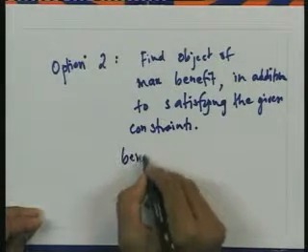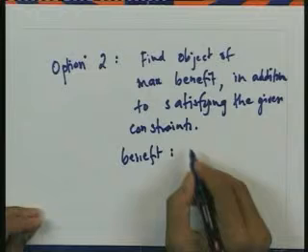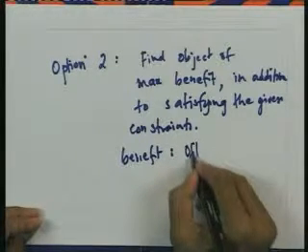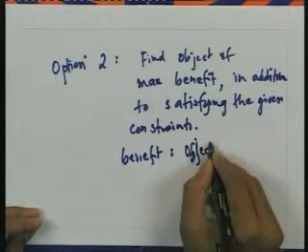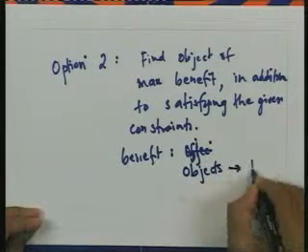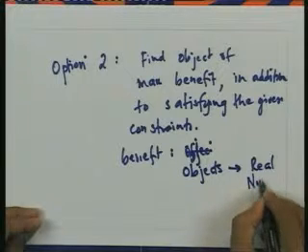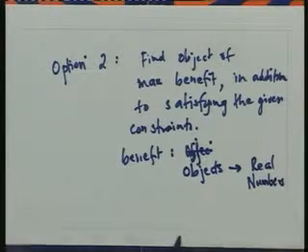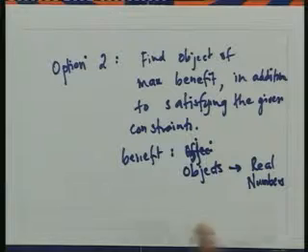Benefit is also a function from the objects to real numbers. You may note immediately that these are not really two distinct formulations, but we can set benefit equal to the negative of the cost, and then instead of maximizing the benefit, it is the same as minimizing the cost.